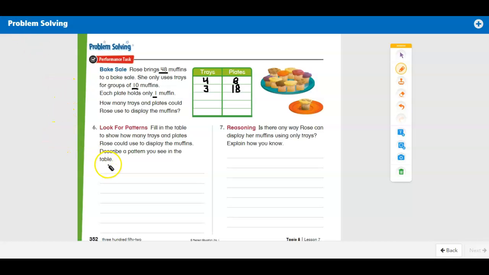Do your best to fill in your answers for number 6 and 7. It's okay if you aren't sure how to spell something, or even if you spell it incorrectly. I just want to see if you can tell me what the pattern is.